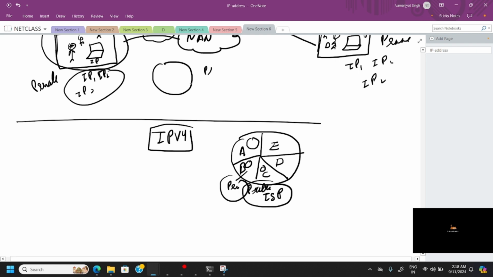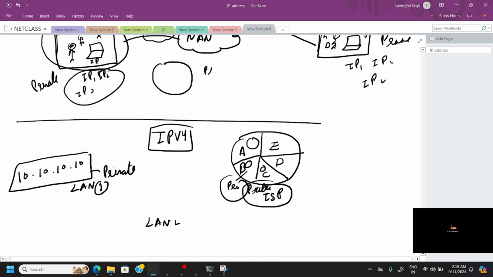And private. So that means if we have an IP address, let's say 10.10.10.10. Okay, let's take a small IP address. For example, this is a private IP address. We can assign it in LAN 1. We can assign it in LAN 2 as well.